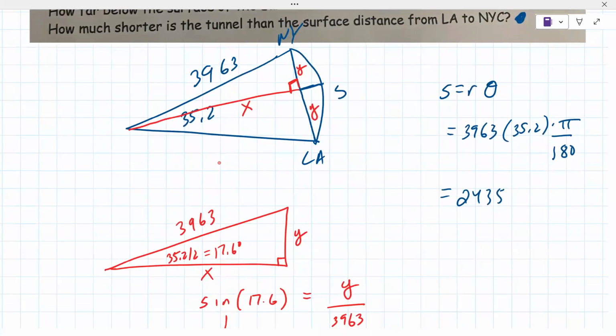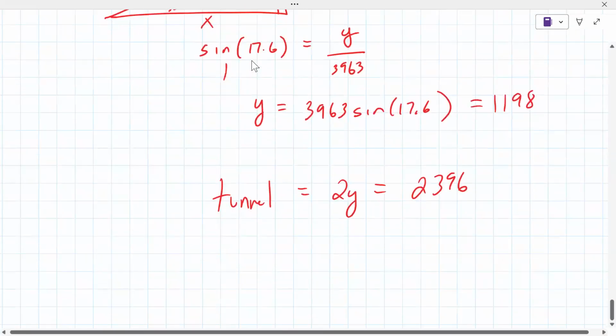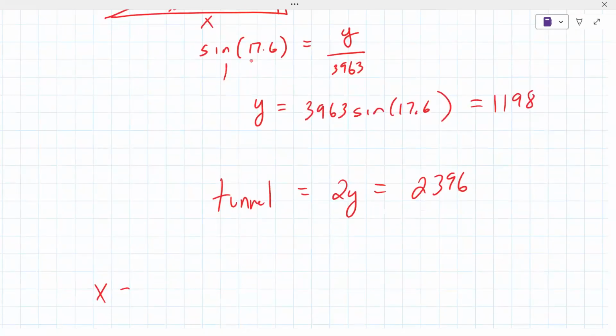X right here we can get from a cosine. So X is equal to 3963 cosine 17.6. If you could calculate that for us. 3,777.